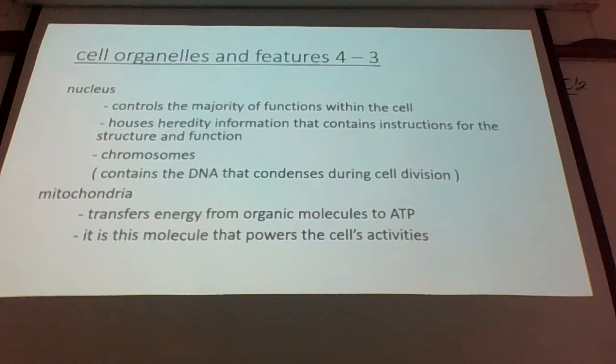Has anyone ever heard of that? Some of you may have not only heard of that, but know someone who has been diagnosed with leukemia. So if we're talking about leukocytes, or white blood cells, chances are this leukemia deals with the white blood cells. And do we know what white blood cells do?